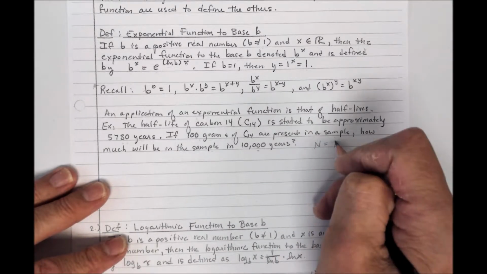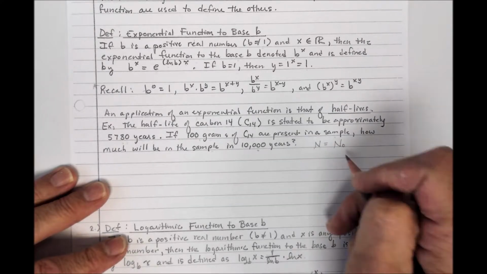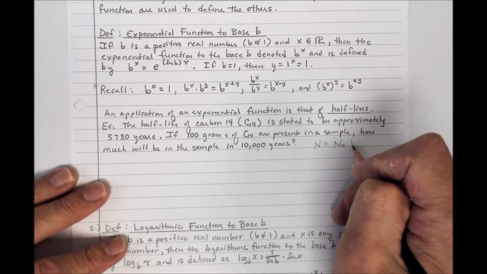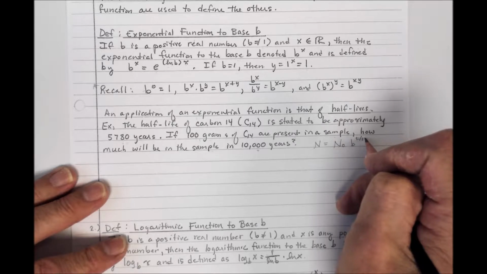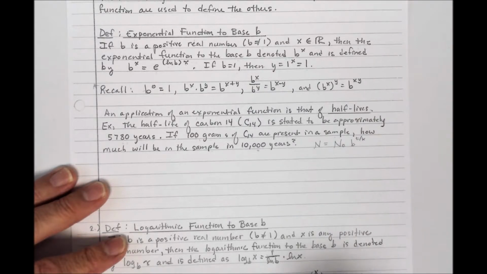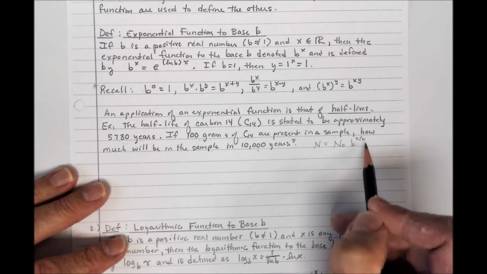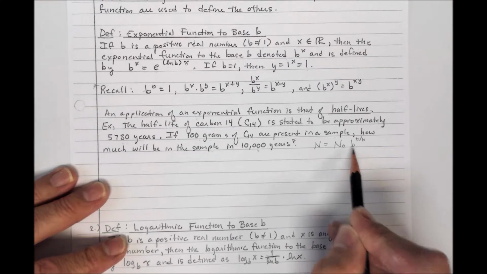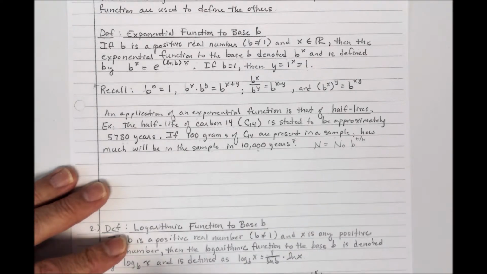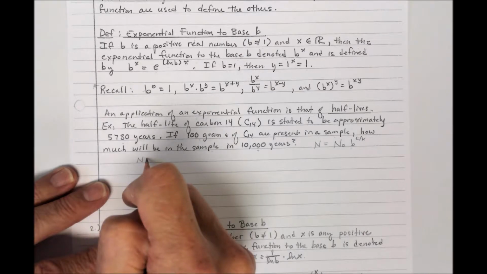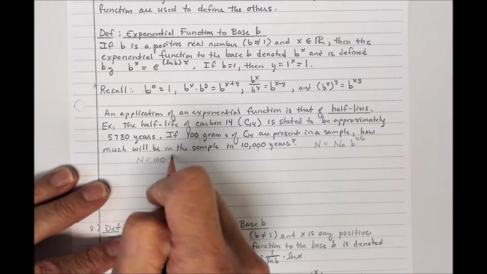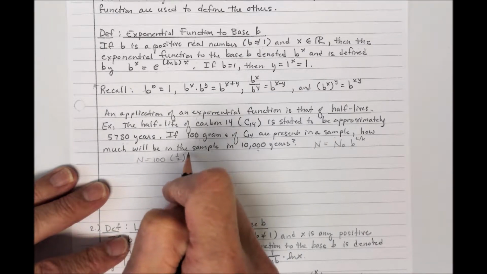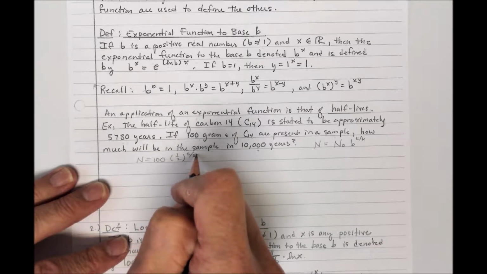We'll see what happens here, but we'll use a formula that we had in pre-calculus. N equals N sub 0, the original amount, times b to the t over k power, where t is the time and k is the amount of time it takes, in this case, for the half-life. B, our base, since we're doing a half-life, is going to be 1/2, and I'm going to have N equals 100 grams times 1/2 to the t over 5,730.